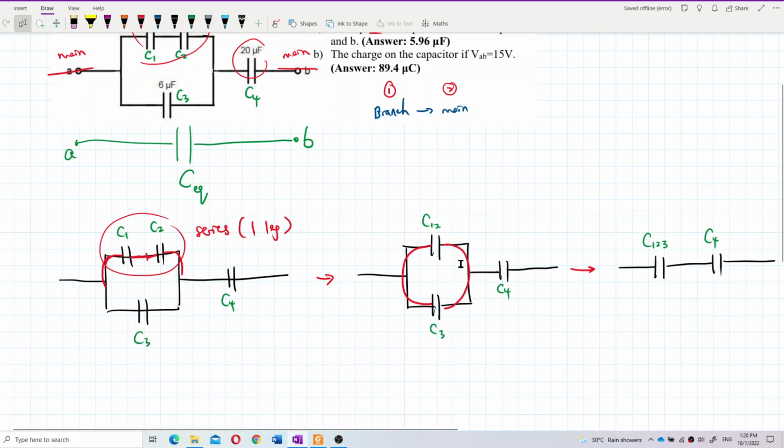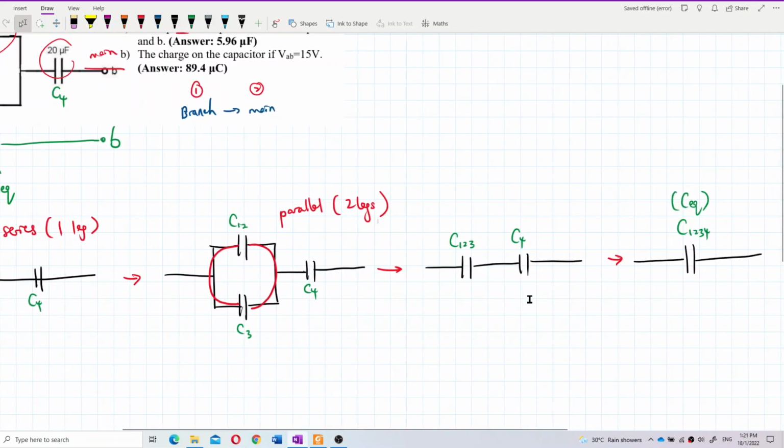So both legs connect with the same capacitor. So we can say these two are in parallel, because they connect two legs. Understand? Between C12 and C3.